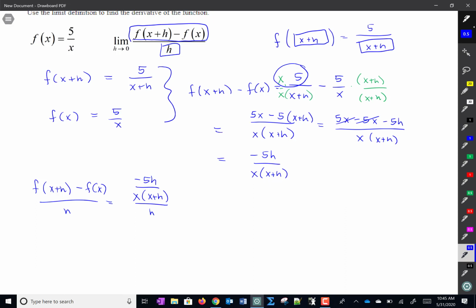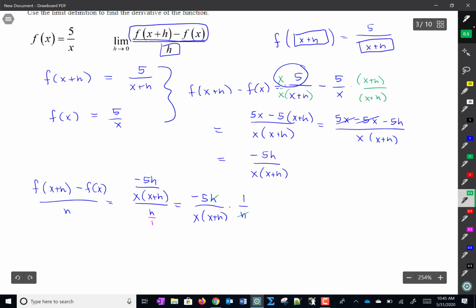This gives me a compound fraction, and I can change this h in the denominator to h over 1, just making a fraction out of a whole number. And that allows me to invert and multiply. So negative 5h over x times x plus h times 1 over h.